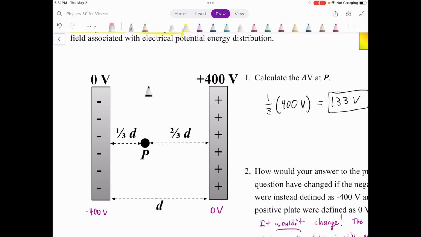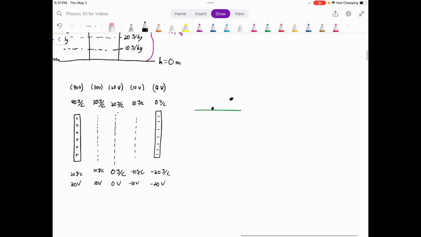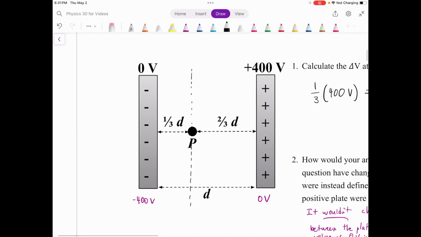So everywhere along this line, just like a ball at this height, no matter where it is horizontally, would have the same gravitational potential energy, a charge at this location in this electric field would have the same electric potential energy anywhere along this line.